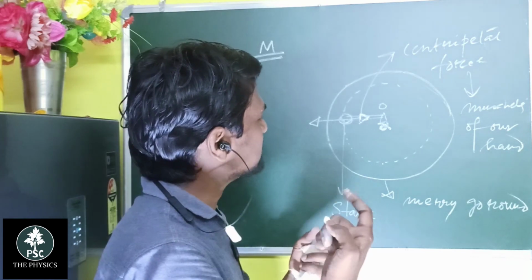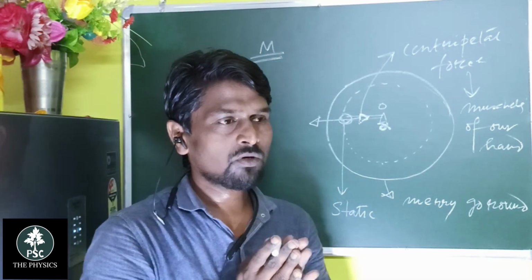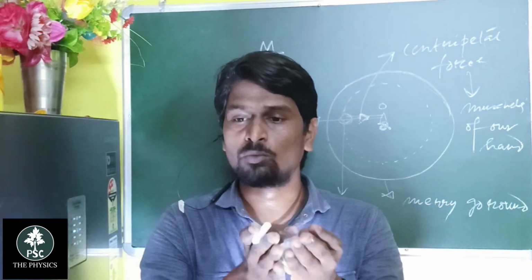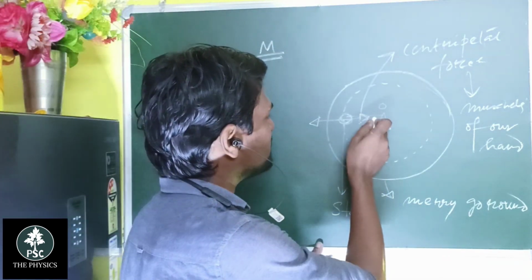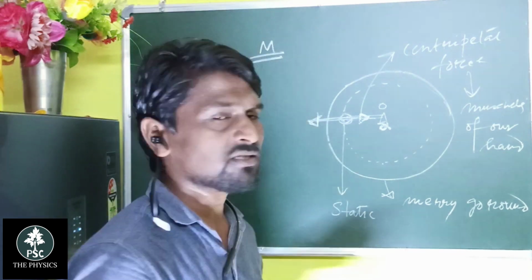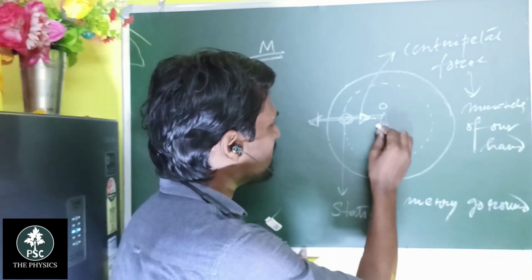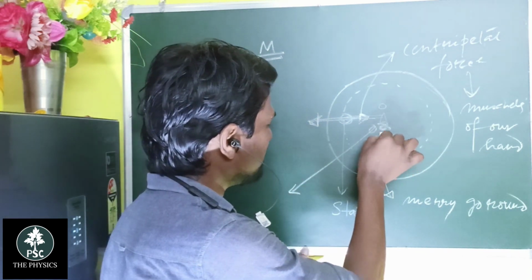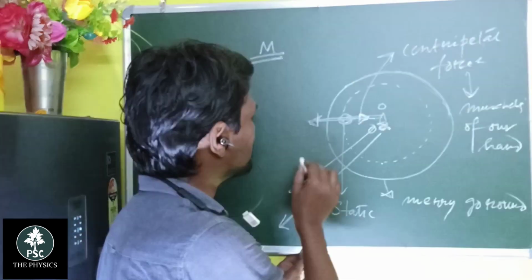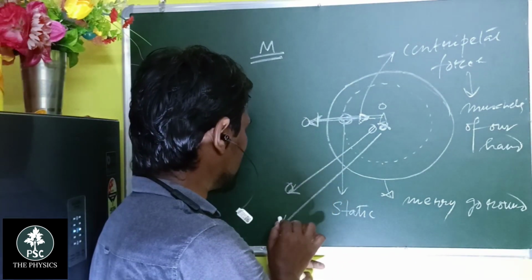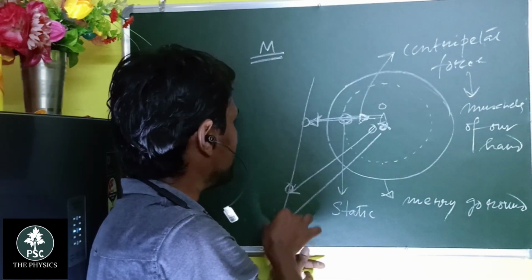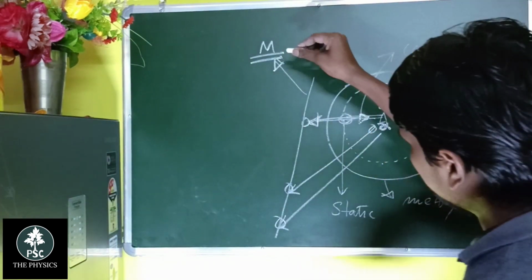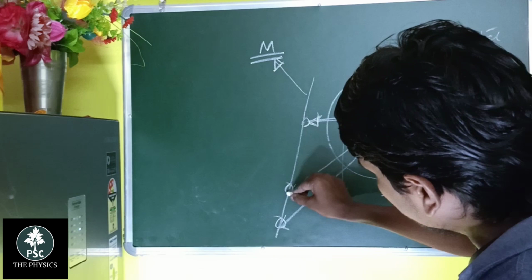But suppose you let go of that particular ball, then the ball moves along this direction. If you are here, the ball goes along this direction. If you are here, the ball goes along this direction. This is your friend, so your friend sees that the ball moves along a straight line.